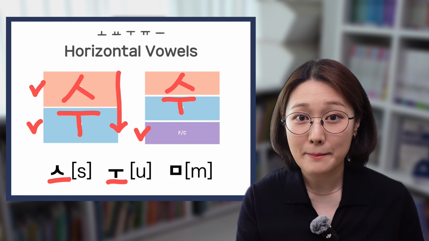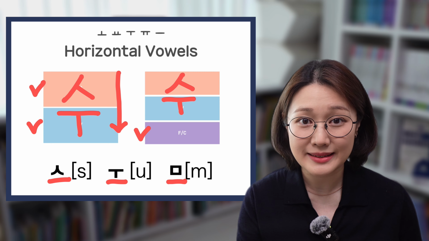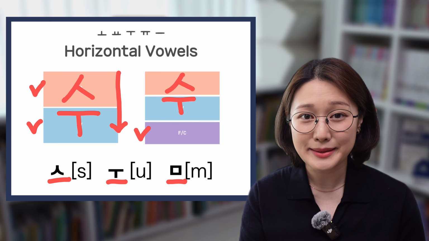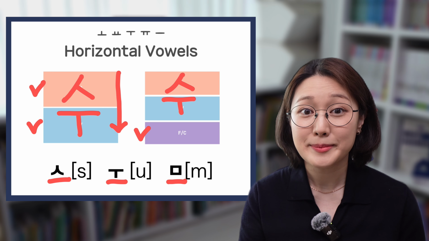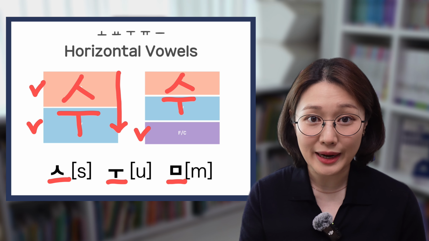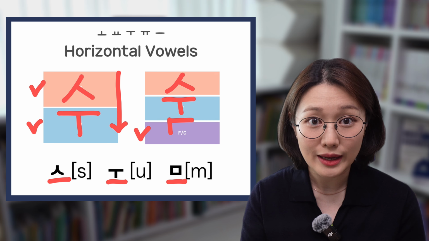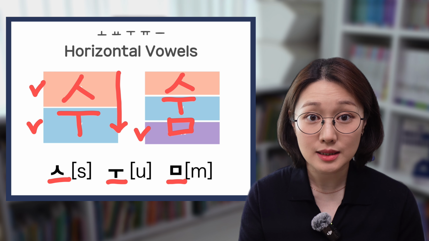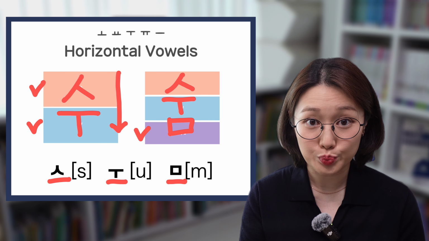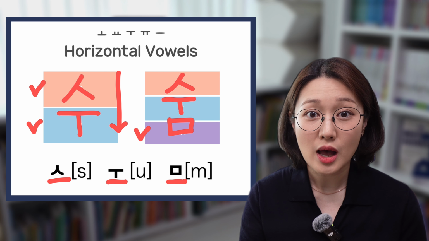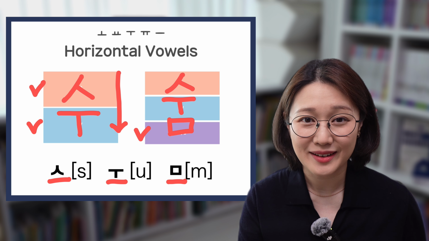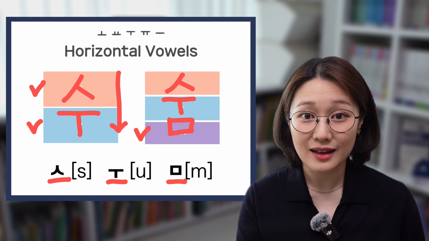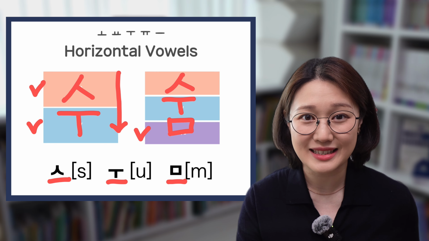Now, let's write 미음, which has M sound as final consonant. If we write 미음 under 수, we get 숨, 스, 우, 숨. 숨 means breath. Wow, we're just putting consonants and vowels together, but we can already read many Korean words.